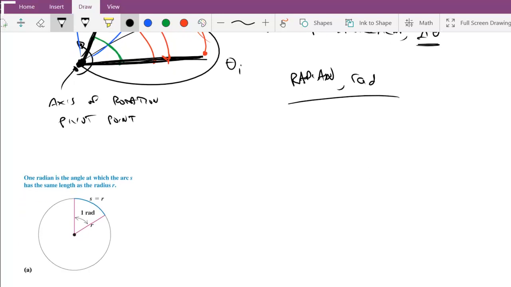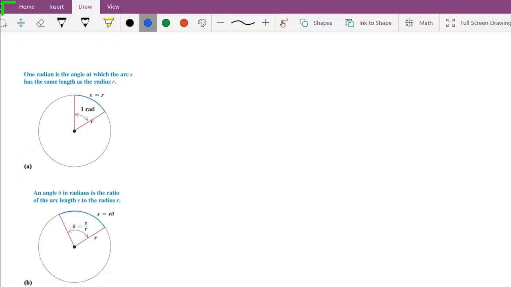So what is a radian? Let's say that we have a particle here on the edge of this path, and as it goes through some angle, this particle moves along some path, and this path is the arc length we'll call S. And then, of course, there is some radius associated with this as it goes around the circle or even just an arc. This is our radius r. And we define a radian as the angle.